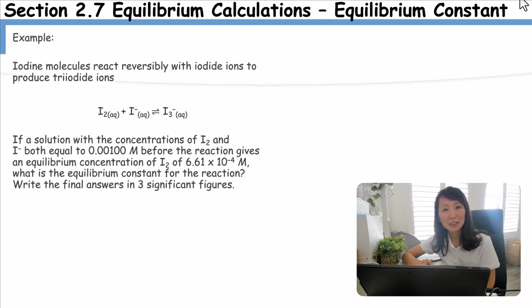In this particular example, it shows an iodine molecule reacting reversibly with iodide ions to produce triiodide ions, and it gives you an equation right here.